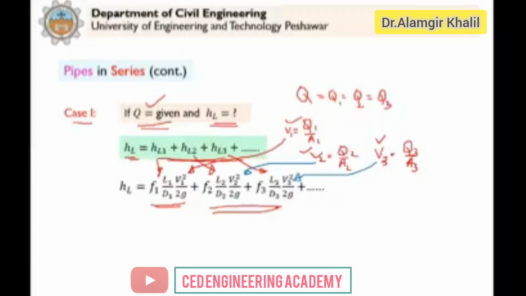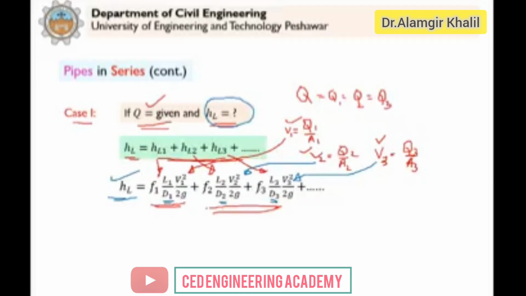G is known, L will be given to you, and the diameters will be known for the pipes. Now the question is where F will come from. F1, F2 and F3 and so on will either be given to you in the problem. If they are given, everything is known, and you can easily calculate the head loss, which is what we need to calculate. But if F1, F2 and F3 are not given, then it essentially becomes a trial and error procedure.